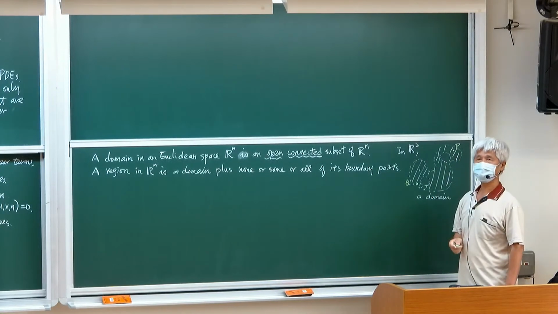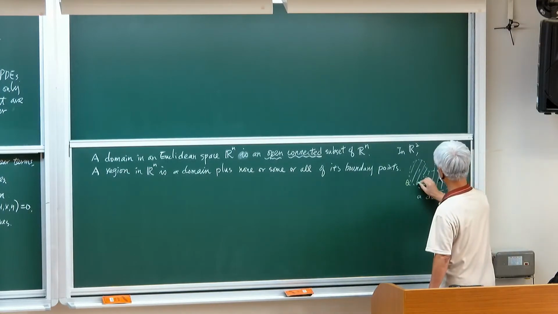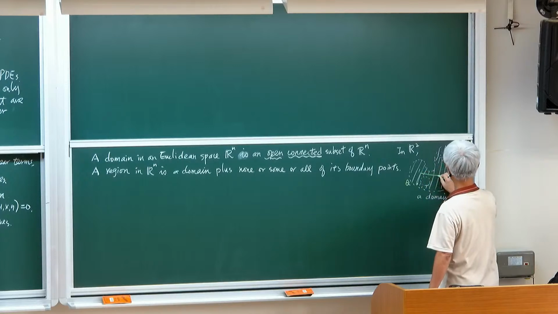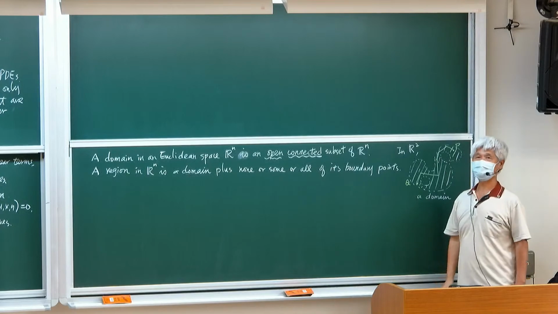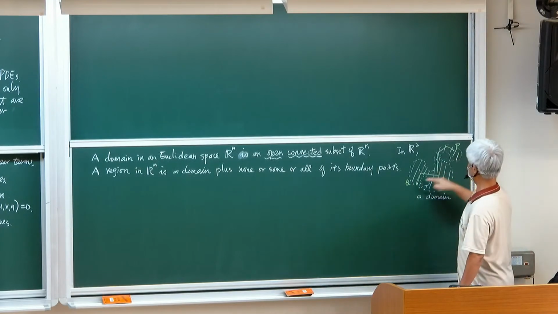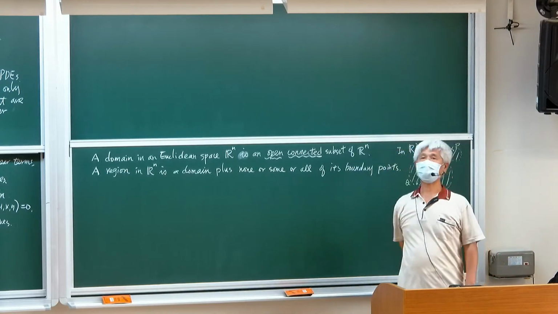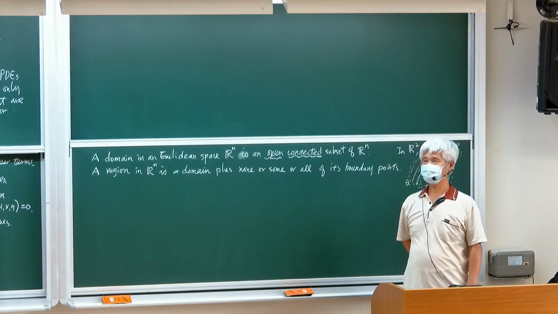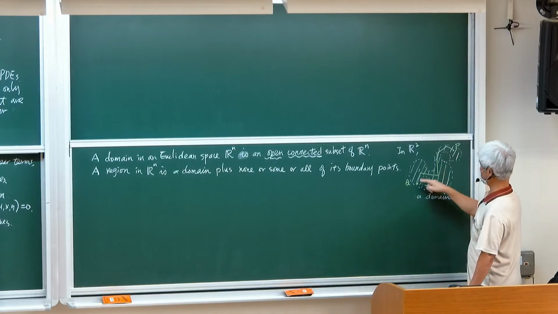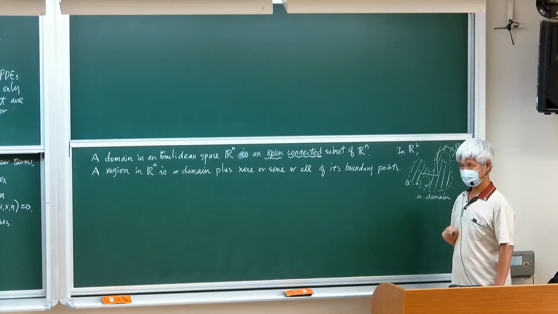How? Well, you can use a polygon: 1, 2, 3, 4, 5. So any two points can be connected by a polygon, so that they are connected. So it's a domain.